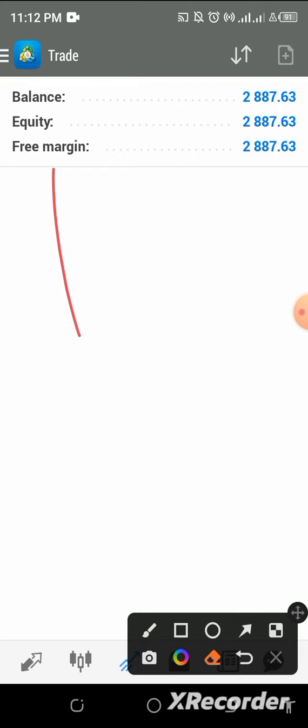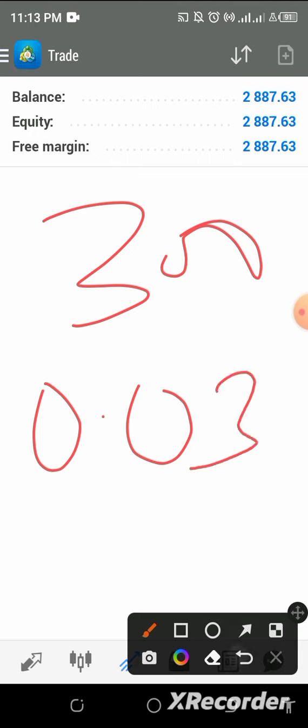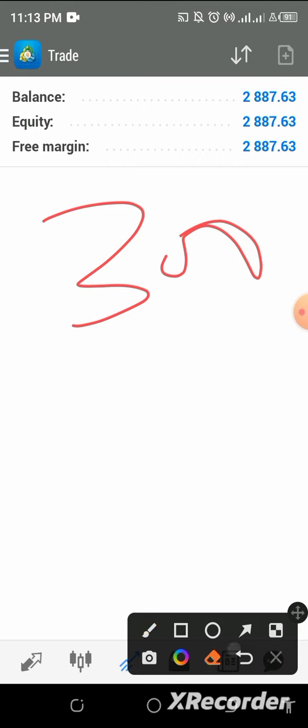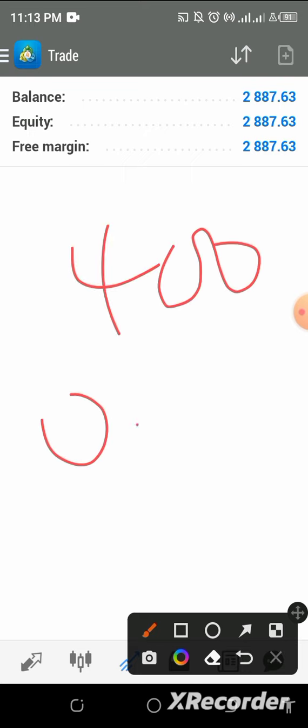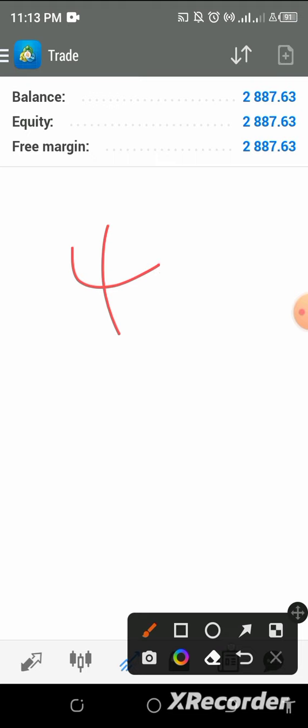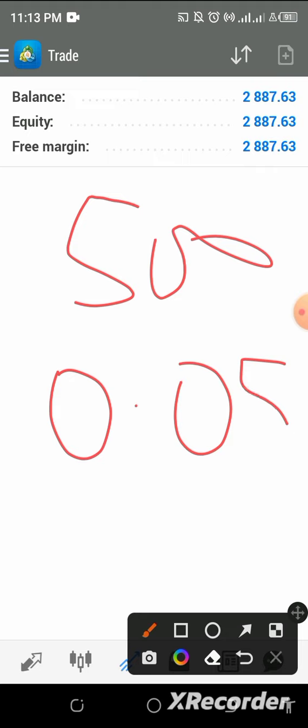When you have a $300 account, your lot size is 0.03. On a $400 account, 0.04. On a $500 account, 0.05.